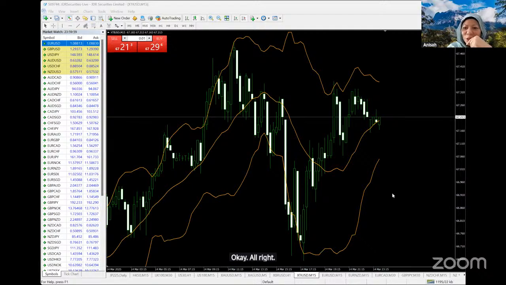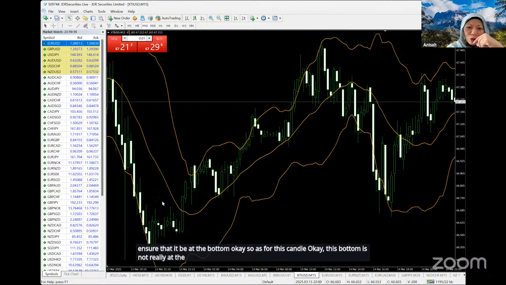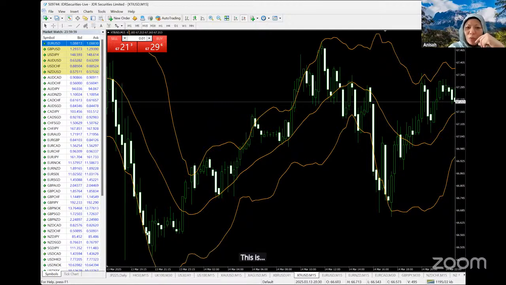Does the chart show an inverted head and shoulders? I won't say inverted head and shoulders, because if it were, it would be at the bottom. This bottom is not really at the bottom, because if you look to the left, this is another low, which is a lower low.